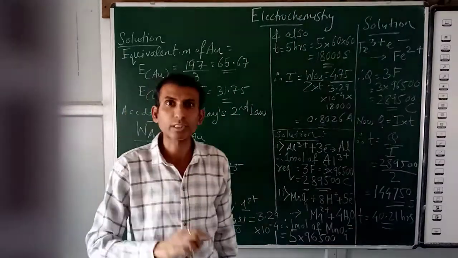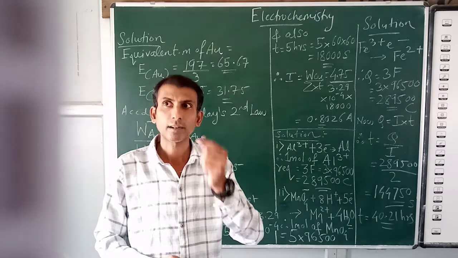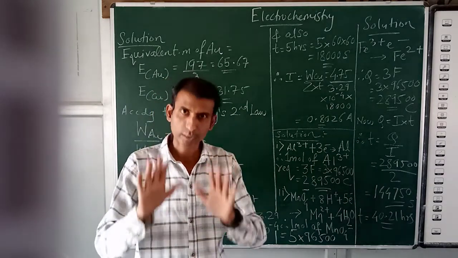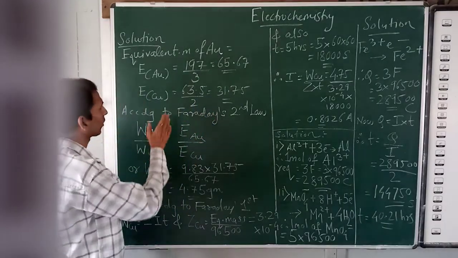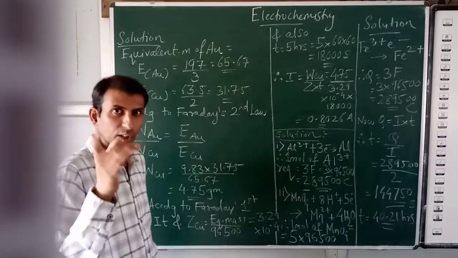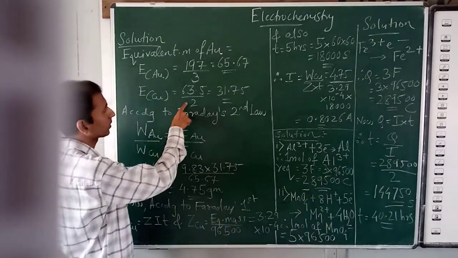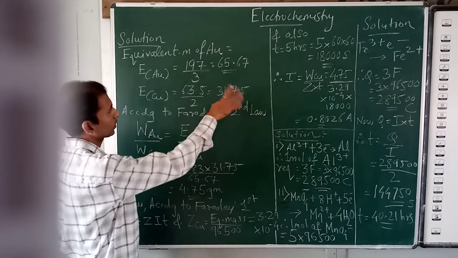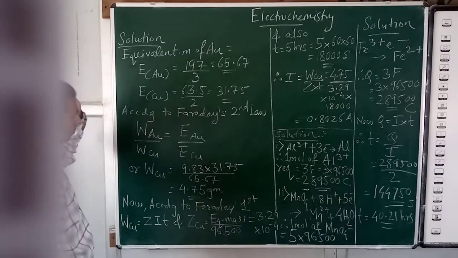Now this 2 is not given to you in the question for copper, but the name of the electrolyte of copper is given, copper sulfate. And from lower standard you have studied how to know the valency of a particular cation in that particular compound. Copper in copper sulfate is having valency +2, so divided by its valency 2, you get 31.75. So this data is with you, which was unknown earlier.